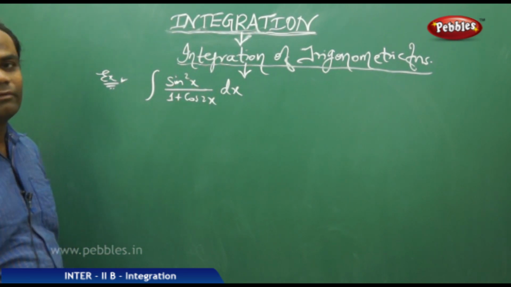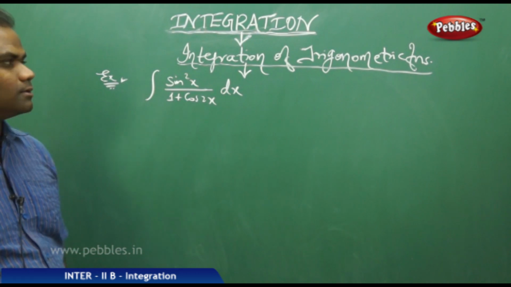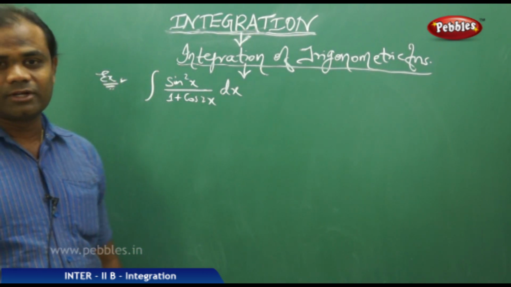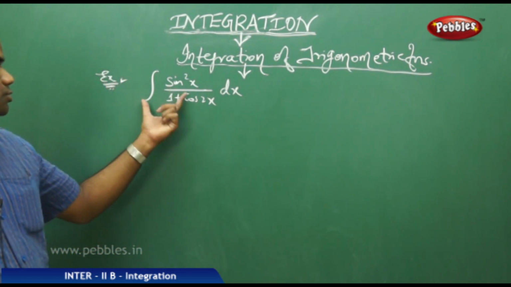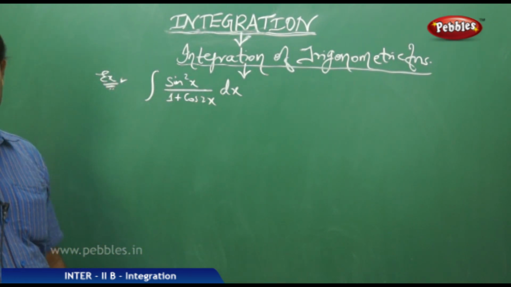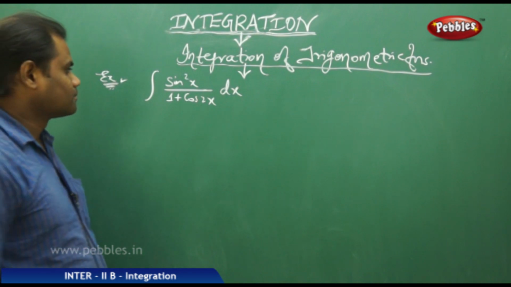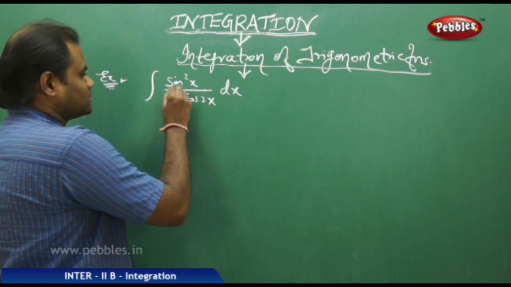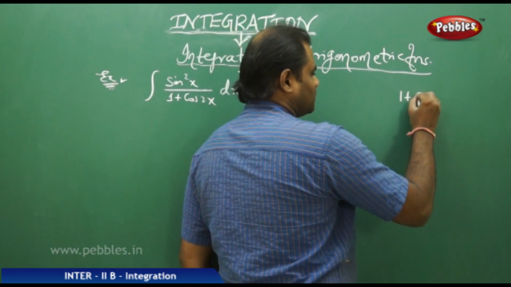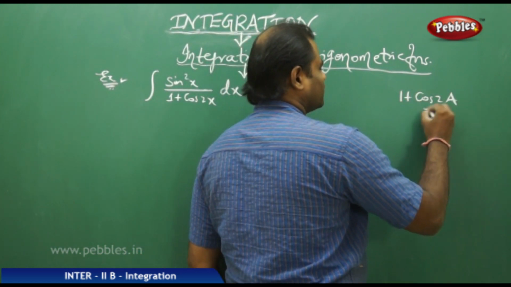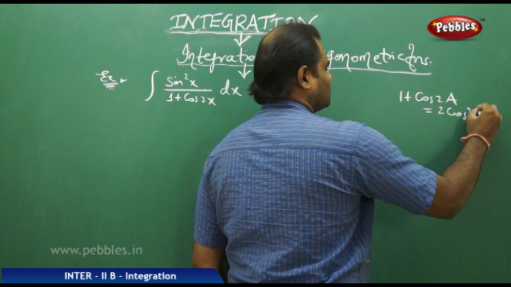So let's see how we can integrate this function. Let's recap some of the trigonometric formulae which I learned in the previous session to do the integration of trigonometric functions. So when I have integral of sine squared x by 1 plus cos 2x, we know that 1 plus cos 2a is 2 cos squared a.